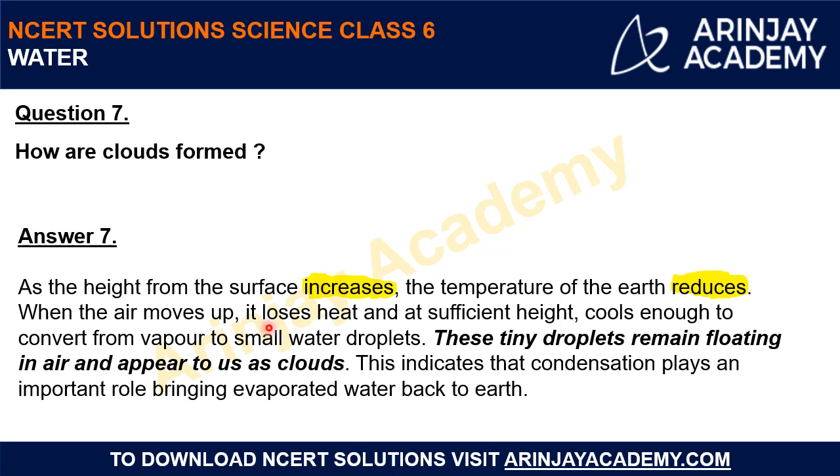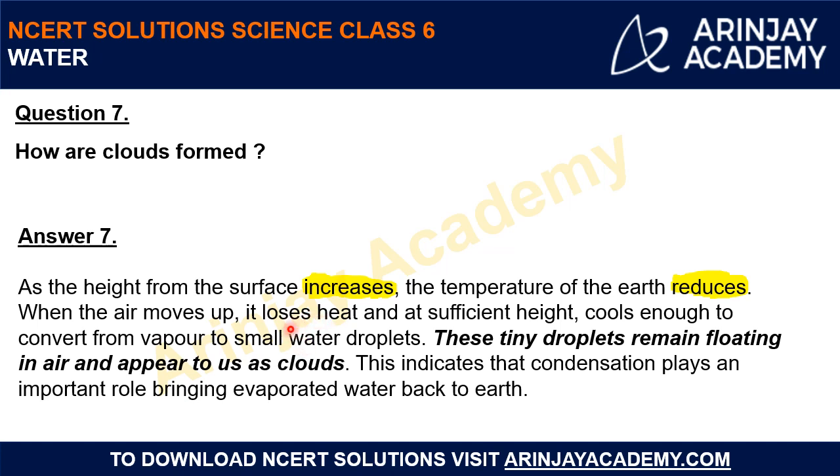They start moving upwards. So at a certain height, a particular minimum temperature is reached where condensation is possible, or you may say at the point where there is no further movement of the air above.